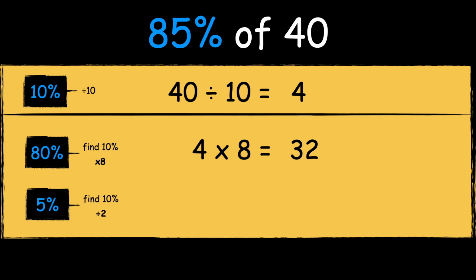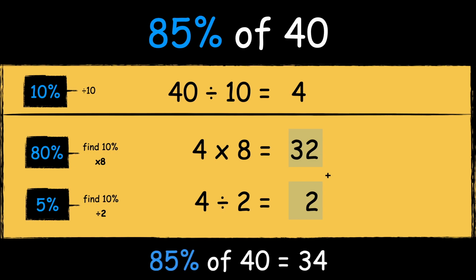Then we need to work out 5% of 40 by dividing the 10% answer by 2. 4 divided by 2 is 2. So now that we have found 80% of 40 and 5% of 40, we need to add the answers together to find 85% of 40. 32 add 2 is 34. So 85% of 40 is 34.